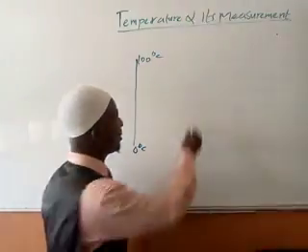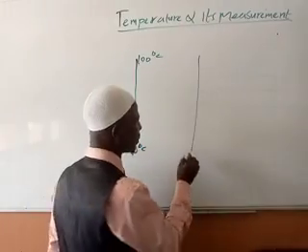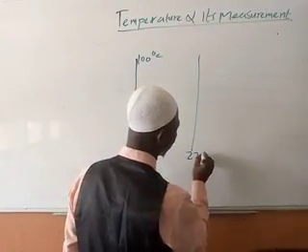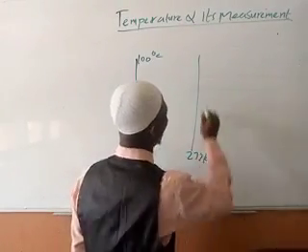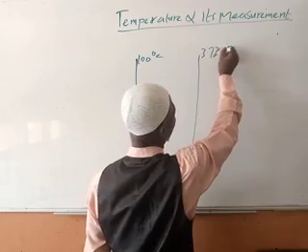But for the Kelvin, the lower fixed point is 273 Kelvin, while the upper one is 373 Kelvin.